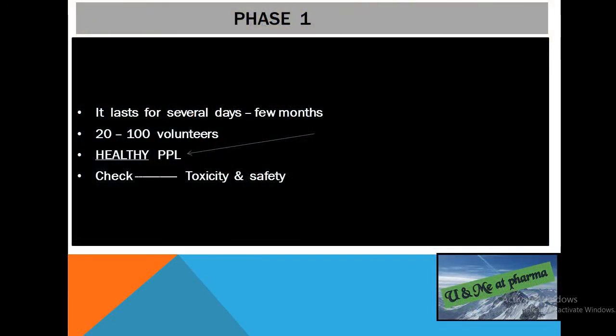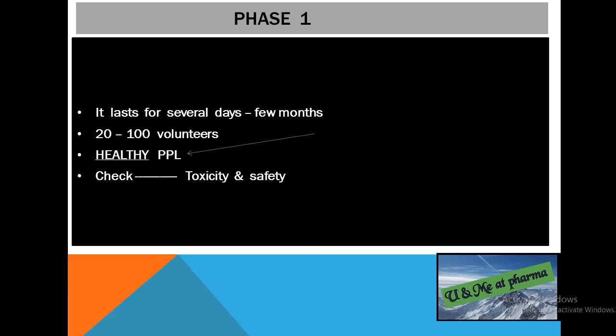This is phase 1. It lasts for several days to a few months and involves 20 to 100 volunteers. You may wonder who the volunteers are.